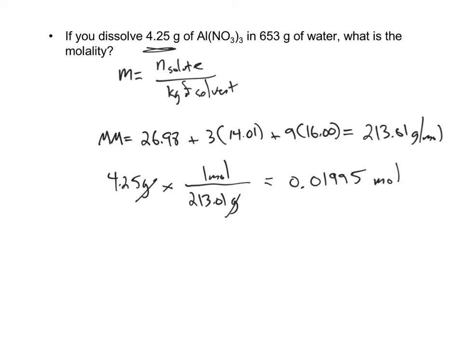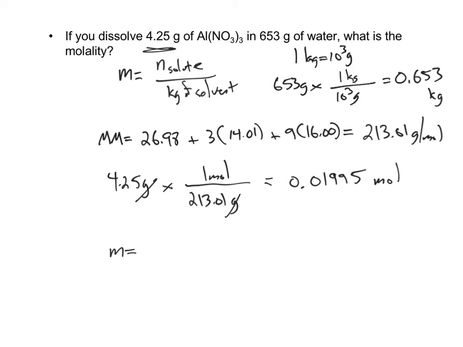So then the molality is moles of solute divided by kilogram of solvent. So I have to be careful on units again. I've got 653 grams of water. I need that to be in kilograms. So we know that 1 kilogram is 10 to the third grams. So my 653 grams is 0.653 kilograms.